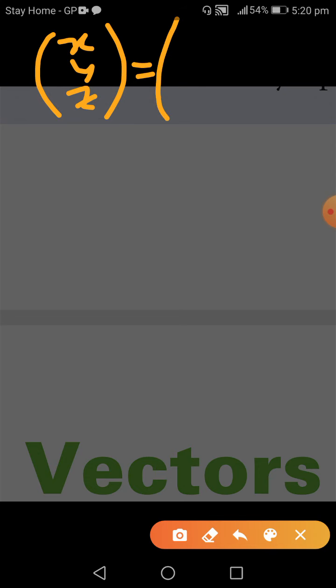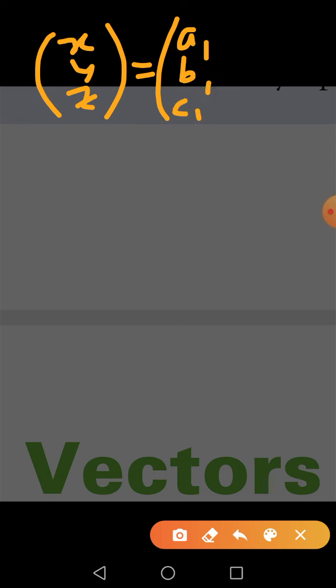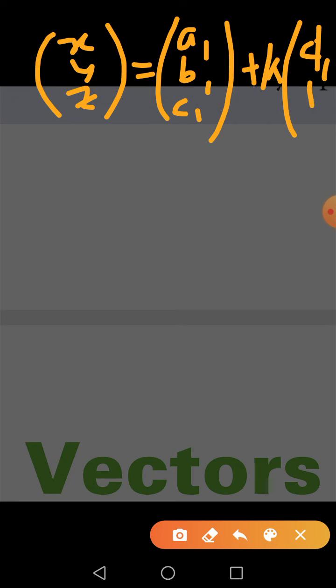The given point is, for example, a1, b1 and c1, and this is the number of steps, let me call it k, and the direction vector is p1, q1, r1. I cannot put the last bracket over here.